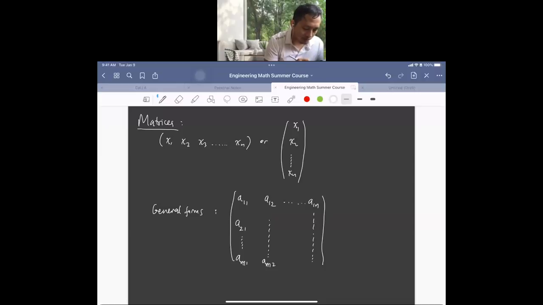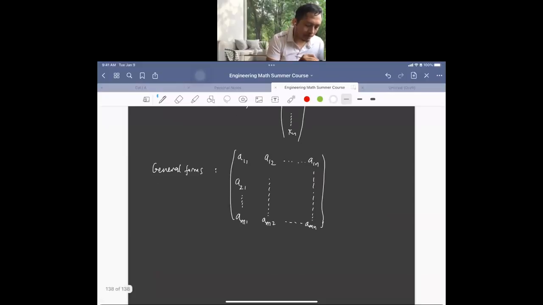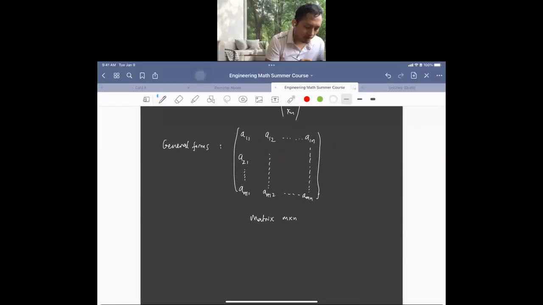And then the rest here is Amn. So this is a matrix m by n, right? The row and column. So I hope this is familiar and you already know how.